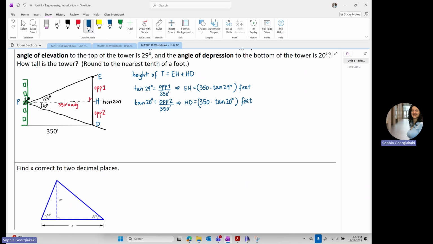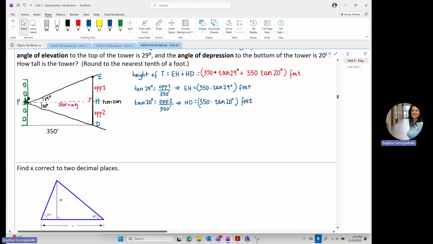So the height of the tower will be the sum of those two. If the problem is asking you for the exact answer before you round, your answer here will be 350 times the tangent of 29 degrees plus 350 times the tangent of 20 degrees, right? That's in feet. And then you can plug that in your calculator and round to the nearest tenth of a foot.